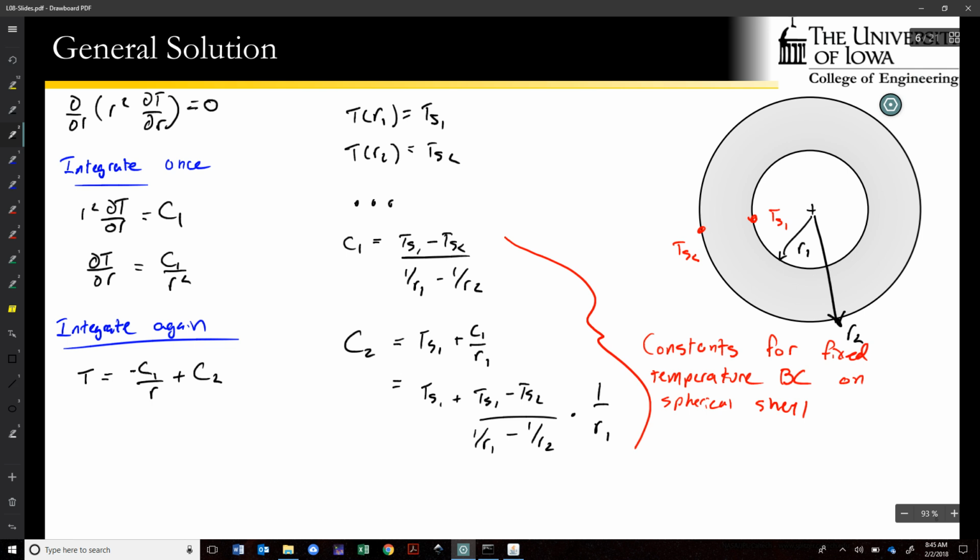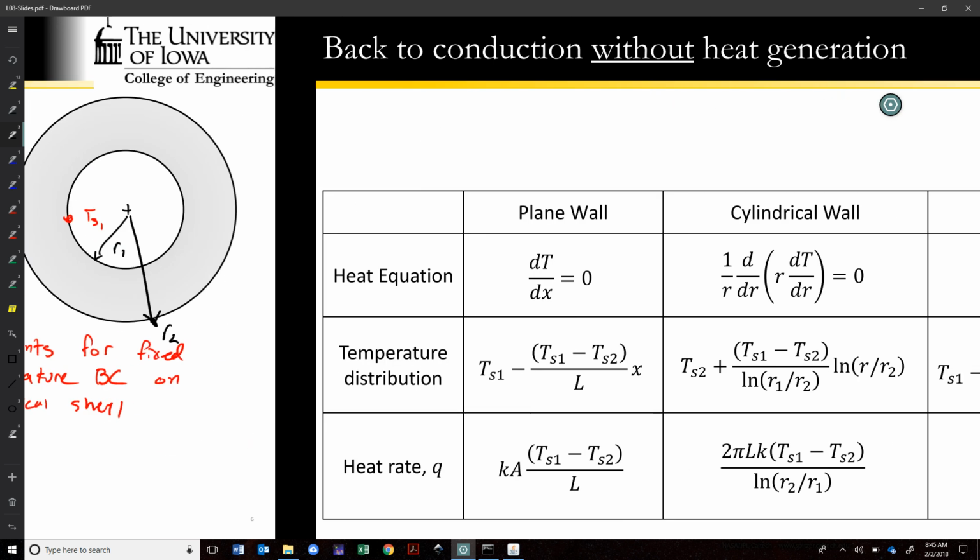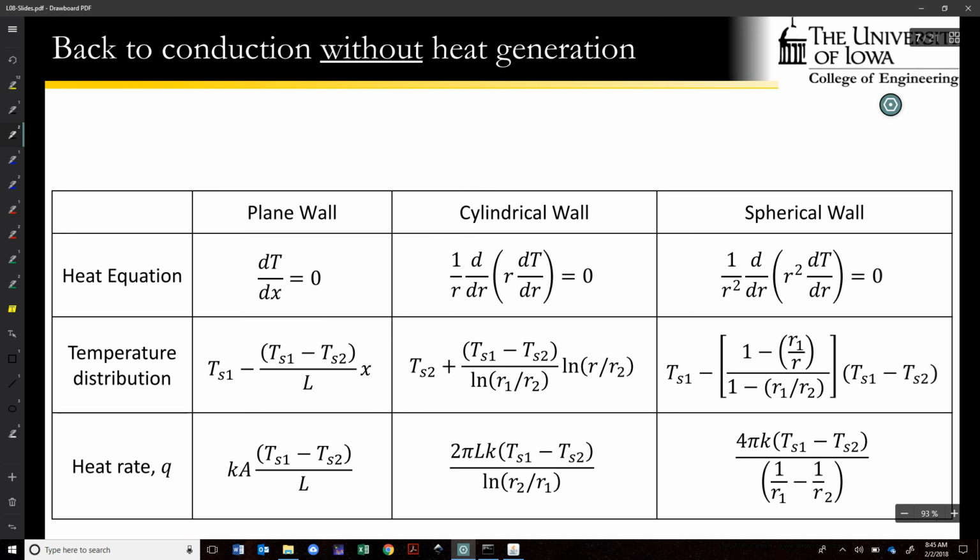So we could, of course, plug these in here to get the expression for temperature, but I'll go ahead and summarize that along with our other results that we've come up with so far.